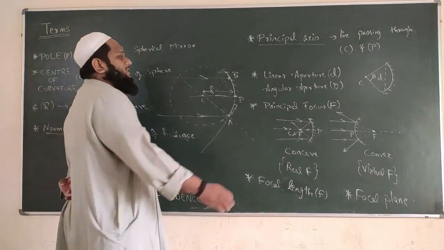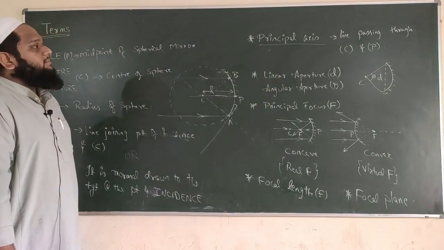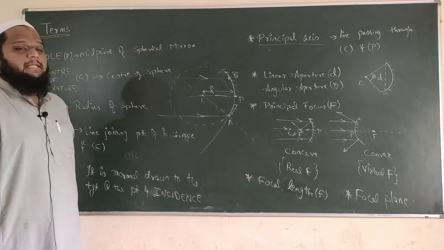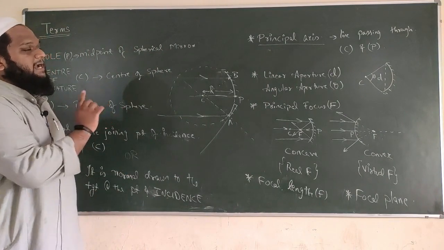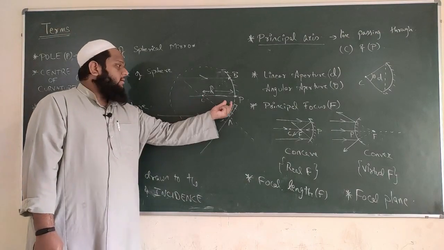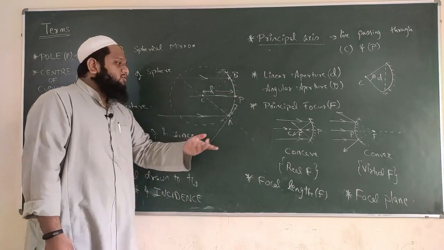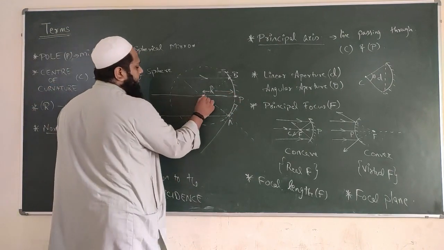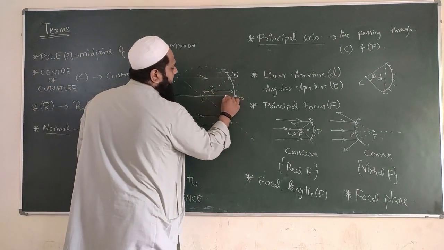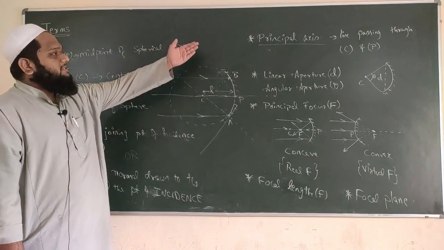Moving on to the next term, principal axis. What do you mean by principal axis? It is a line passing through C and P. That means the center of curvature is here, the pole is here. Whatever line is passing through these two has to be a horizontal line. Yes or no? The principal axis is also imaginary.